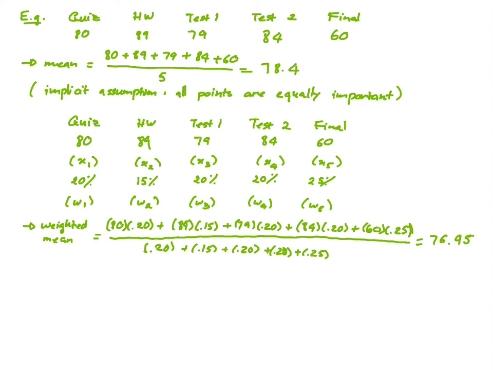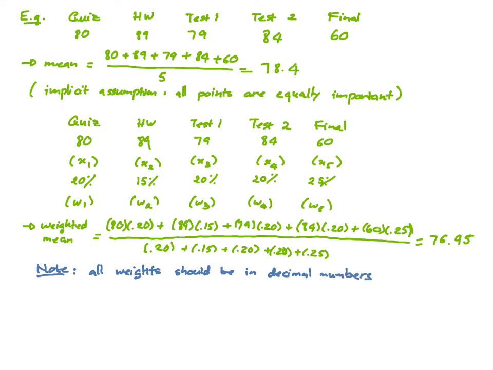Now, one thing I would like to note is that when you calculate the weighted mean, you want to turn all the weights into decimal numbers, right? They should always be in decimal numbers.